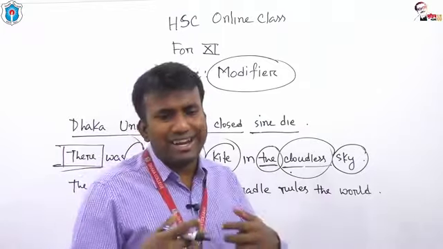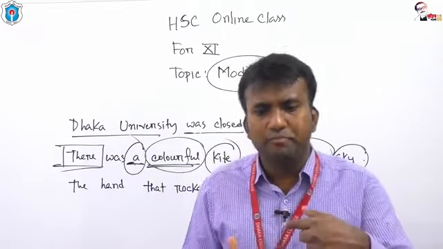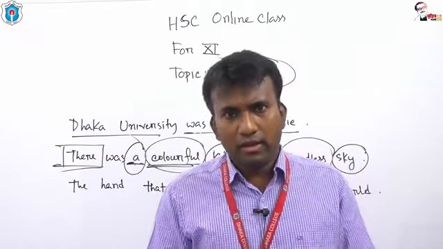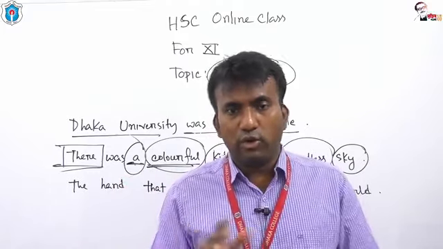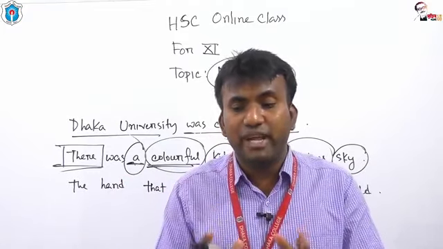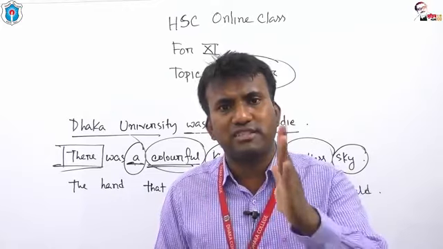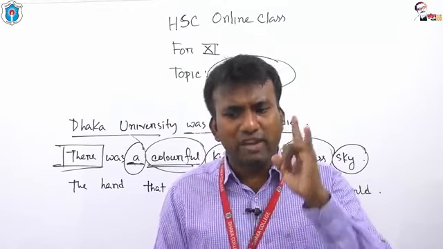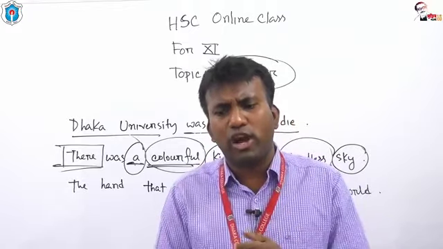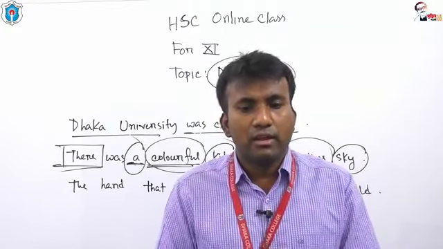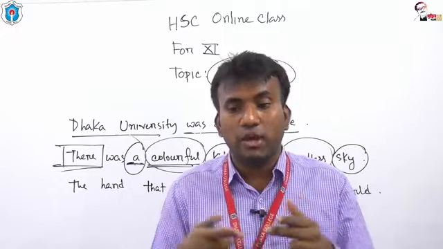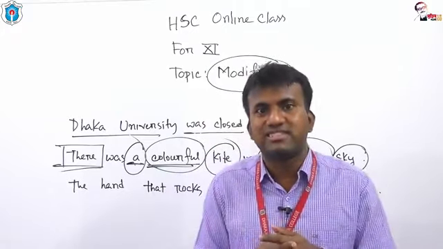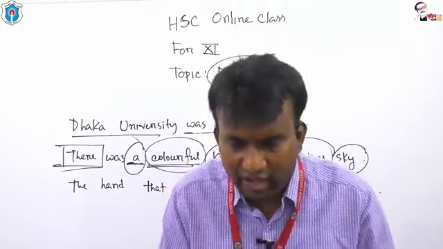And in order to understand these things, we have to think that an adjective always qualifies a noun or pronoun. Dear students, this is very, very important. The responsibility of noun and pronoun goes to the adjective. The rest of the parts of speech are always monitored by the adverb, okay?